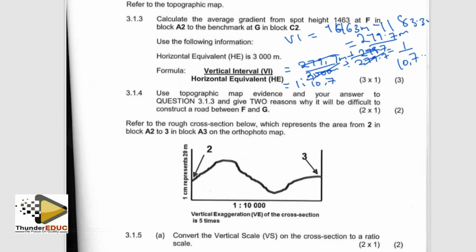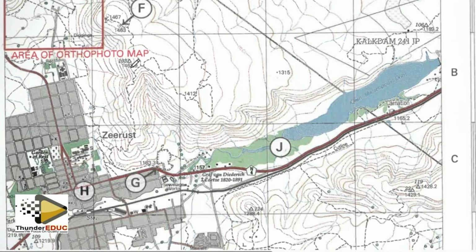So go ahead, use the topographic map evidence and your answer. That means we need to use the map and the answer so that we can give the reason why it will be difficult to construct a road between F and G. We come here. When you look at F, G is here, okay? And F is here. What do you see? We see contour lines close to each other, which means it's mountainous.